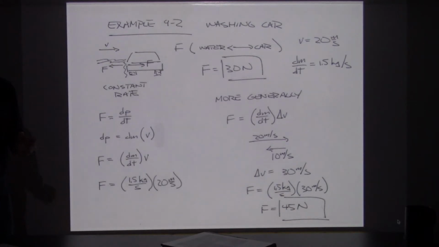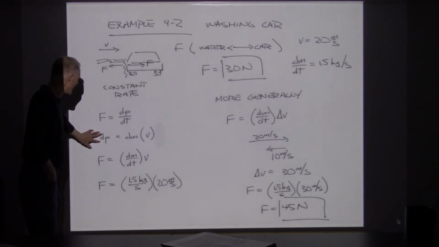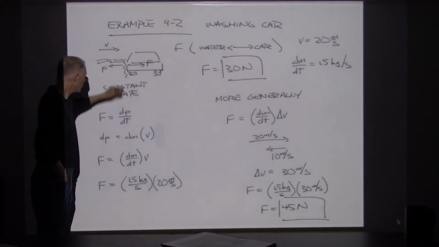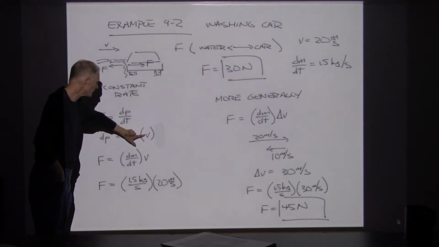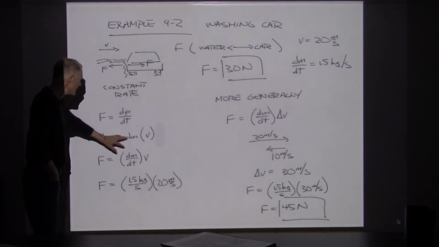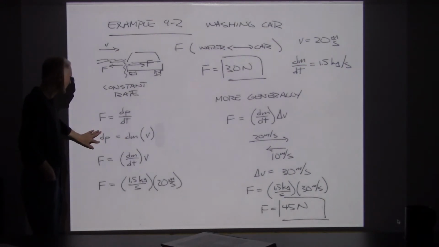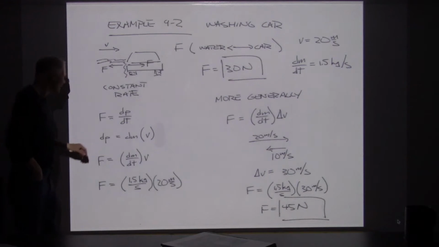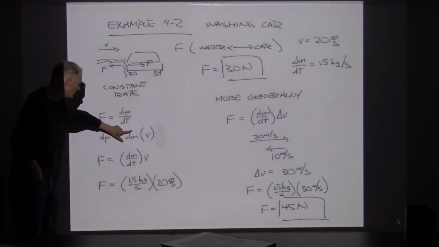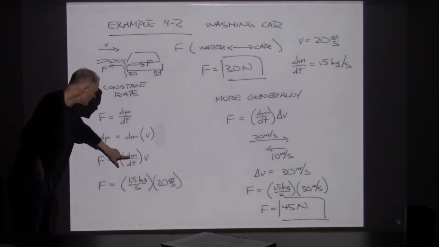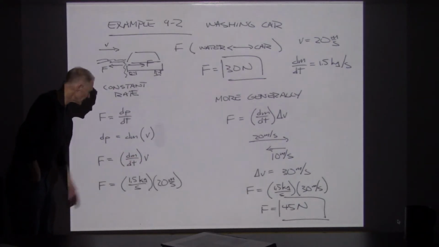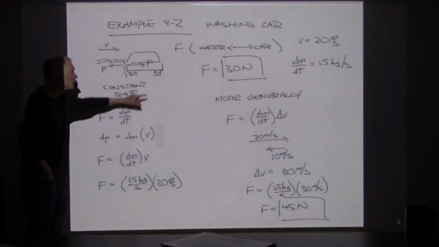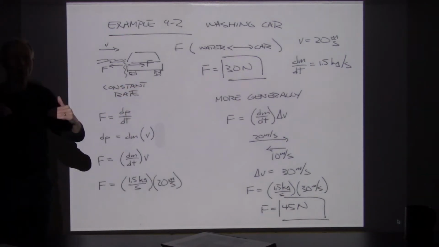So dm represents a small amount of the water, and the momentum of that water coming in was dm times v. So each little piece of water has a momentum dp. Now I can take the dp and substitute this expression in, so I have v times dm/dt.